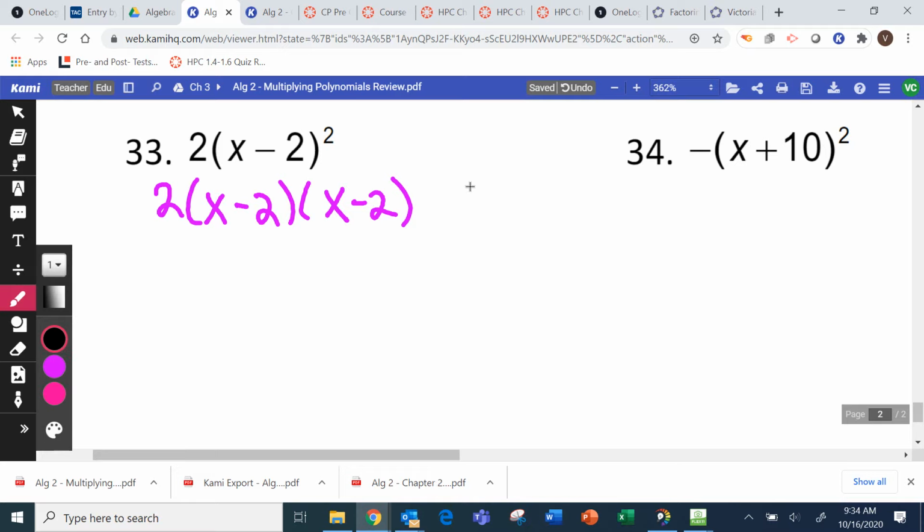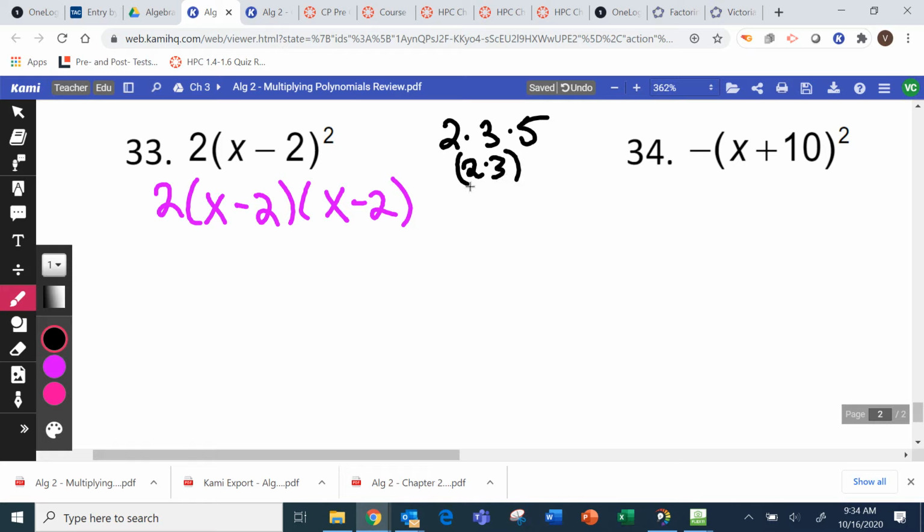Now, in math, if I told you, can you multiply 2 times 3 times 5? How would you do that? Come on. Who's going to talk? Jackson: 2 times 3 and then 6 times 5.